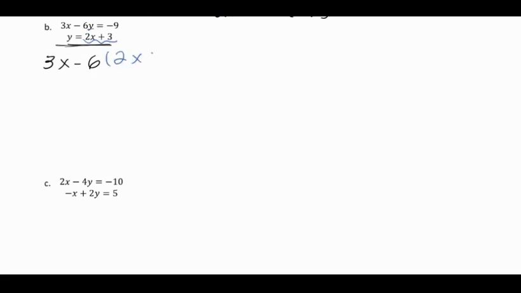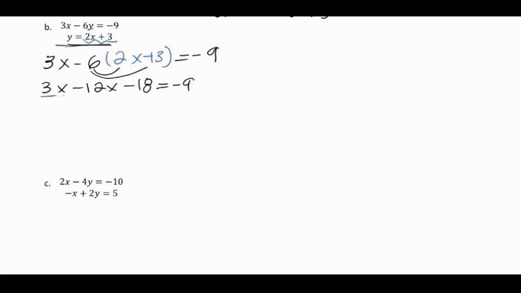So 2x plus 3 equals negative 9. So we have 3x. We distribute the negative 6. Negative 6 times 2x is negative 12x. Negative 6 times 3 is negative 18, equals negative 9.